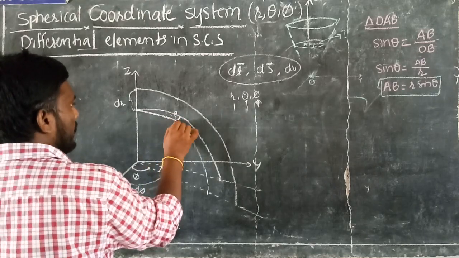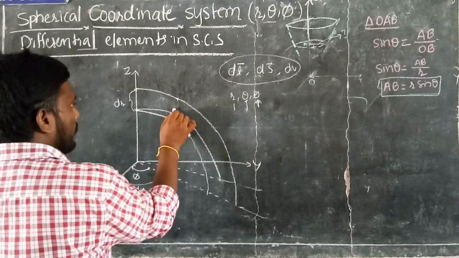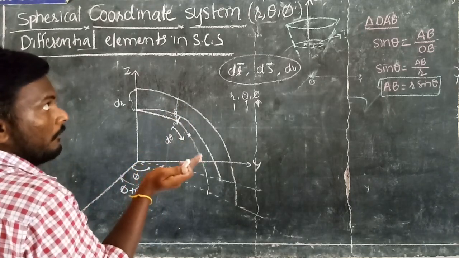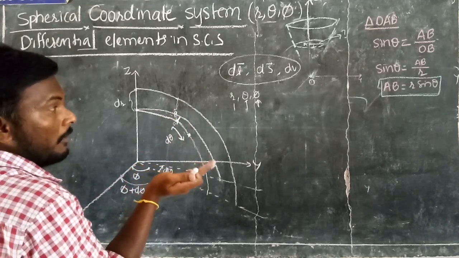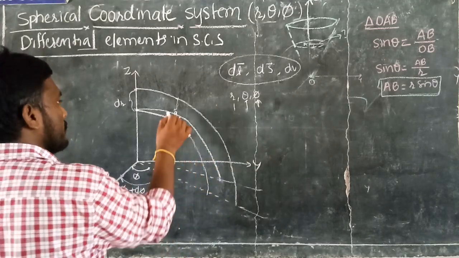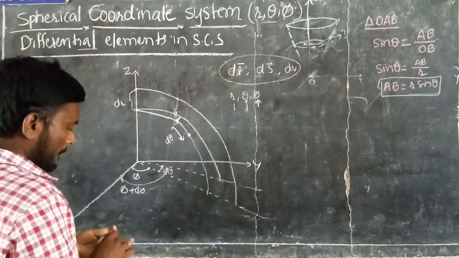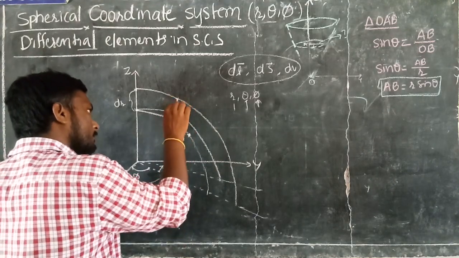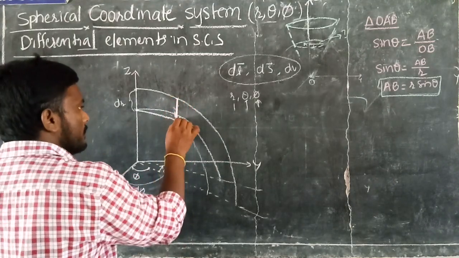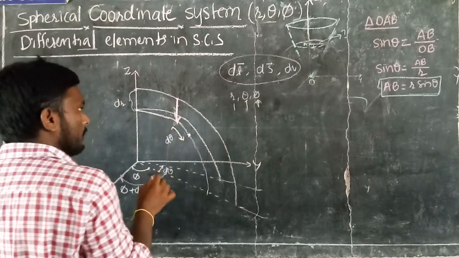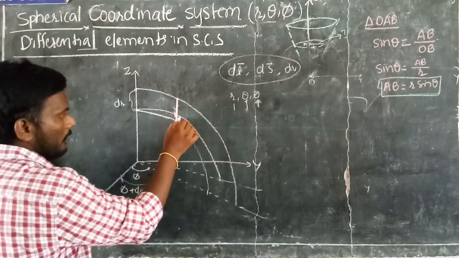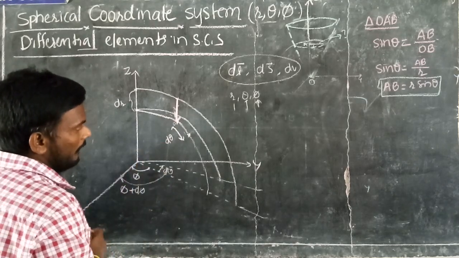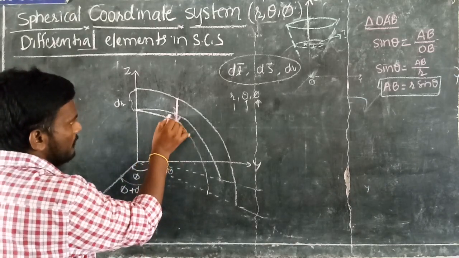So up to here it is r, and what is this? We have to increase r from r to r plus dr. So this is the dr. And what about this length? Is it theta or phi? It is phi. So it is d phi.